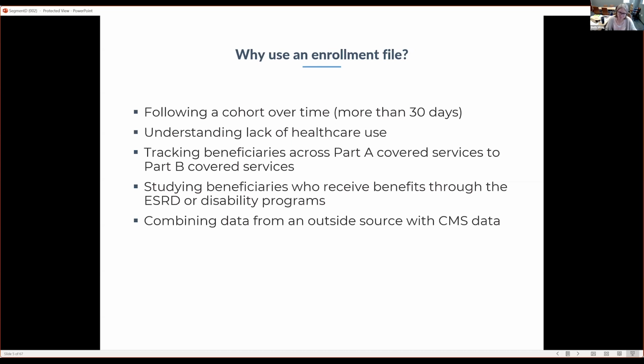As an example, understanding a lack of healthcare use. One of the areas that I spend a bit of time on is guideline compliant care. So what predicts who gets care in a guideline compliant fashion? If I say, well, I don't see guideline compliant care, therefore they didn't get it, that's one thing.